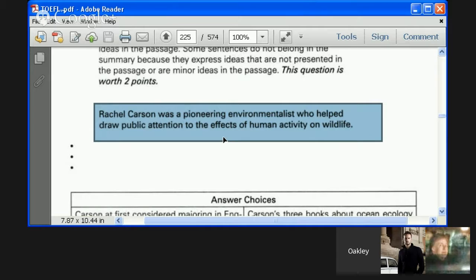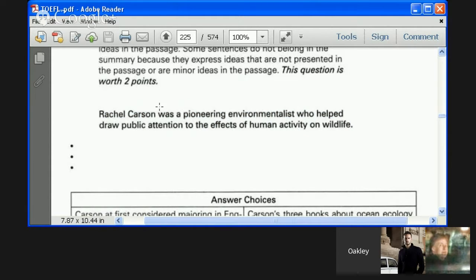What are you focusing on? You're focusing on largely the verbs. Often there's a couple. She was, what was she? The verb and the object. Pioneering environmentalist, one of the first who helped draw public attention.